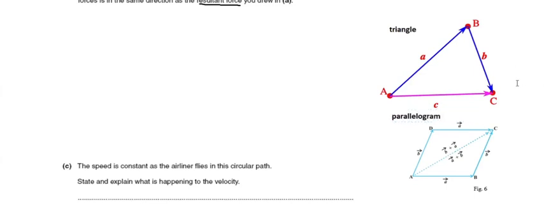So using either the triangle law or the parallelogram law, we can show the resultant force vectorially. We have two forces acting here, which are nothing but two vectors. Force is nothing but a vector, so we have to apply vector algebra. For that, we have two laws of vector addition: the triangle law and the parallelogram law.